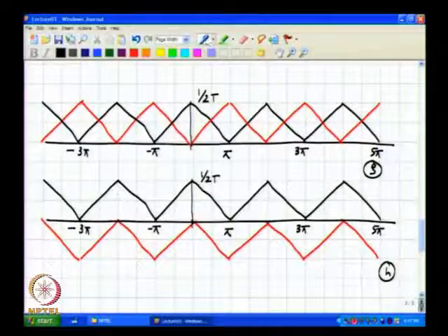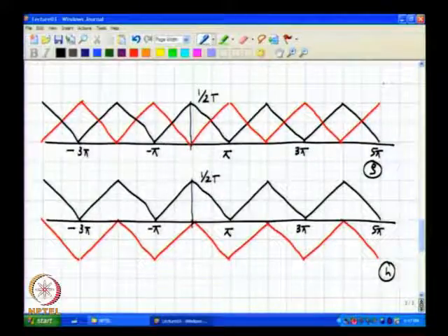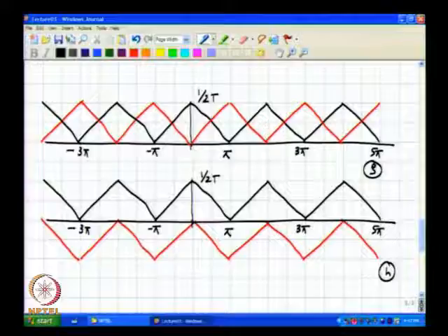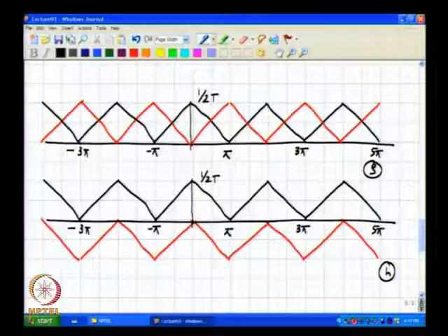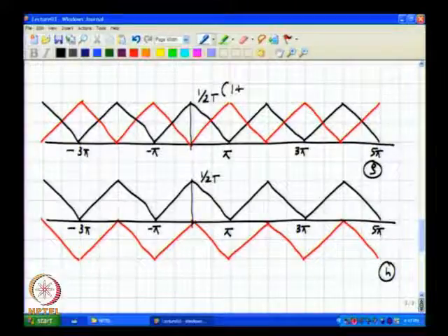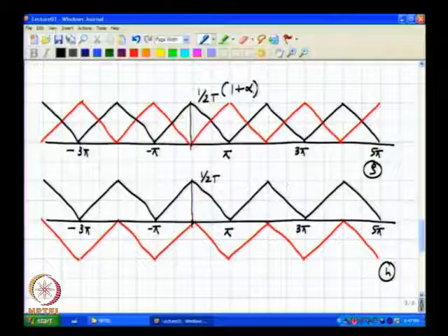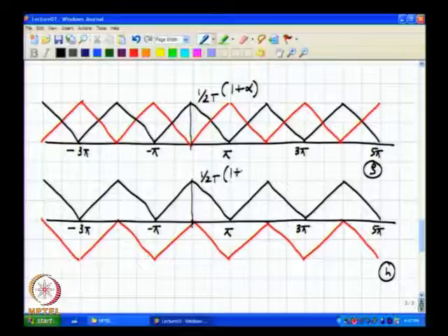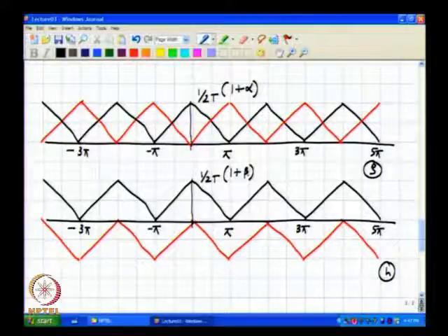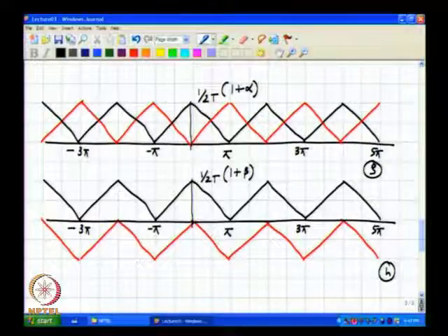Now, if there was a gain error in both these channels, in other words, G is the output of the channel on top, H is the spectrum at the output of the lower channel. So, if the gains were different, the top is getting multiplied by 1 by 2t into 1 plus alpha, whereas the lower channel is getting multiplied by 1 by 2t times 1 plus beta. Is this clear?